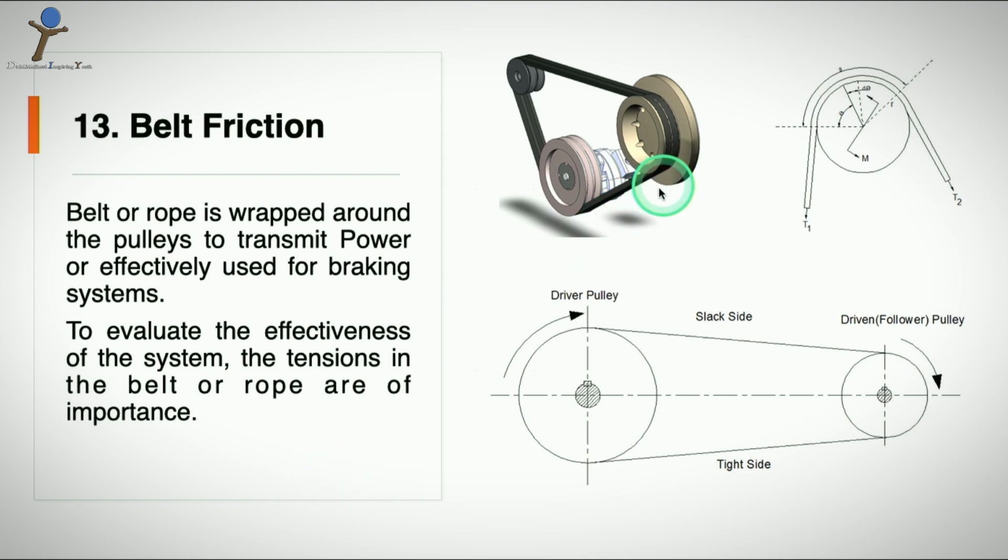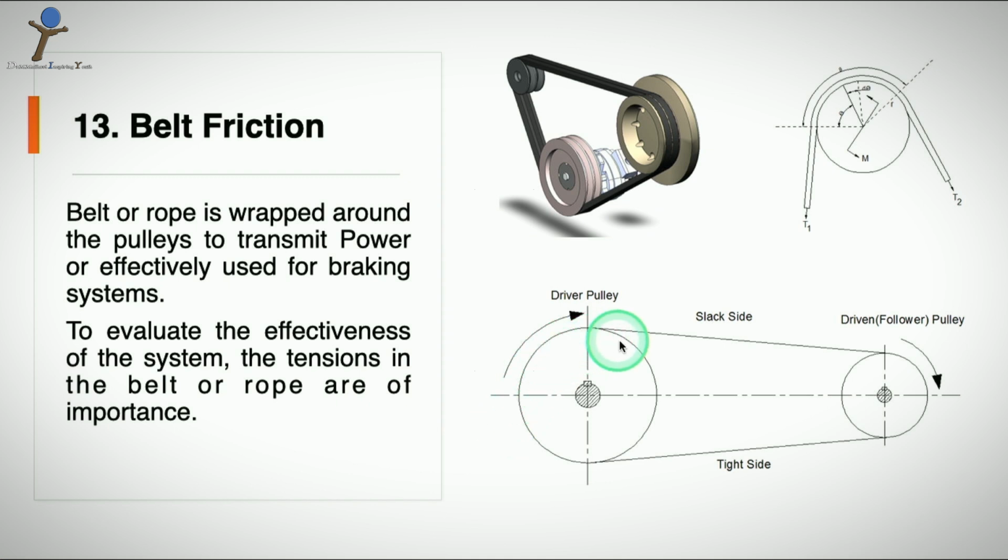The belt or rope is wrapped around the pulley to transmit power or effectively used for braking systems. To evaluate the effectiveness of the system, the tensions in the belt or rope are of importance.